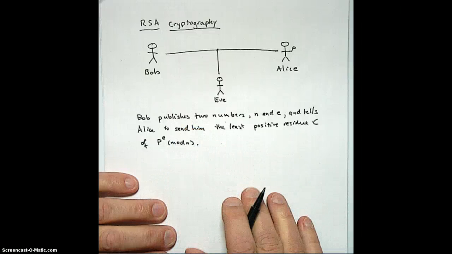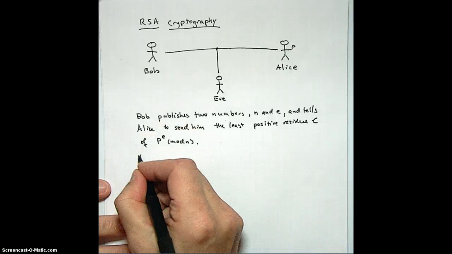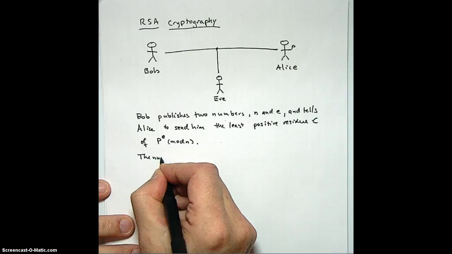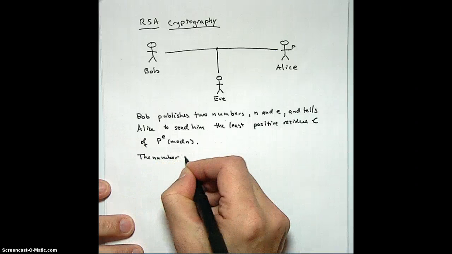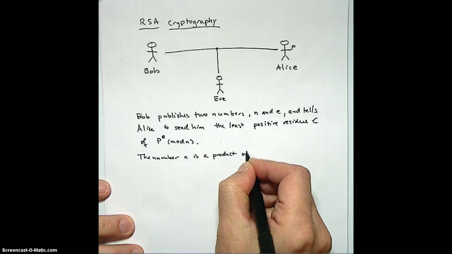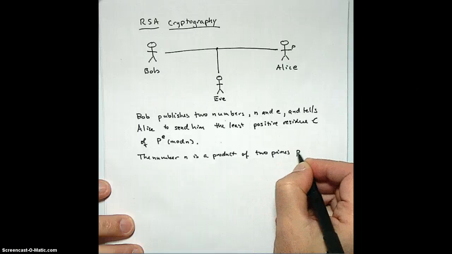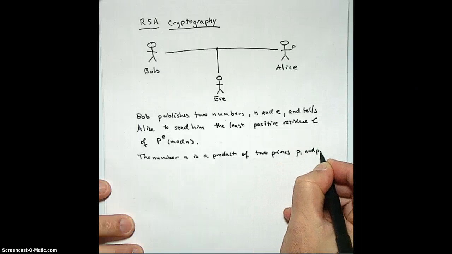Okay, so now this number N is a product of two primes P1 and P2.